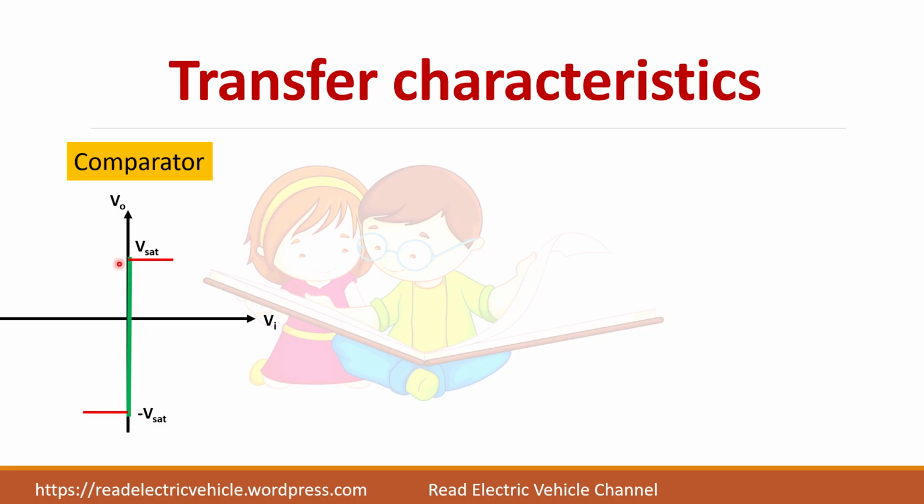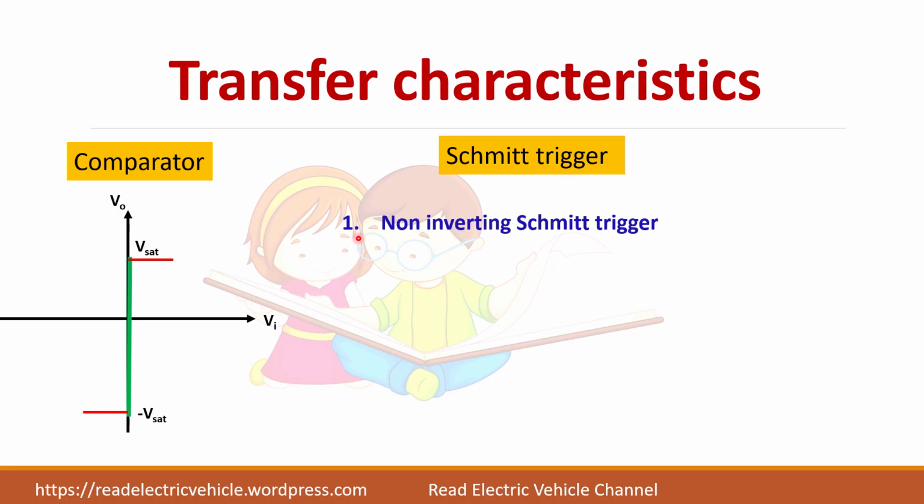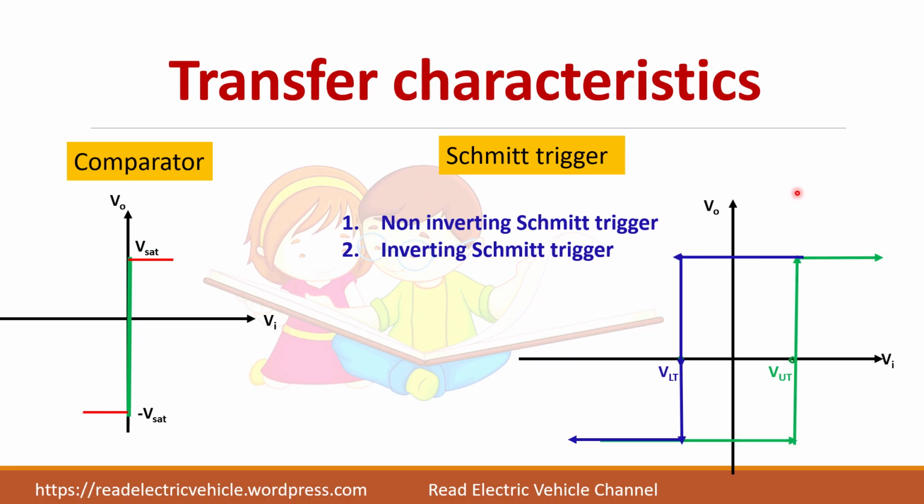We know the transfer characteristics of an op-amp, that is, the output will be either plus Vsat or minus Vsat depending upon the input. Now in a Schmitt trigger also we have two types, non-inverting Schmitt trigger and inverting Schmitt trigger. Here the transfer characteristics will be like this, that is, two reference values are used.